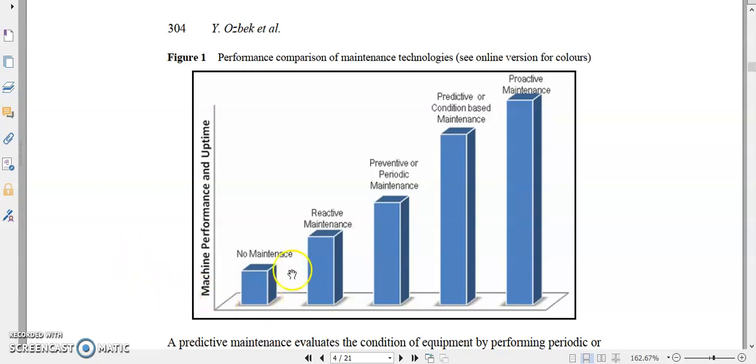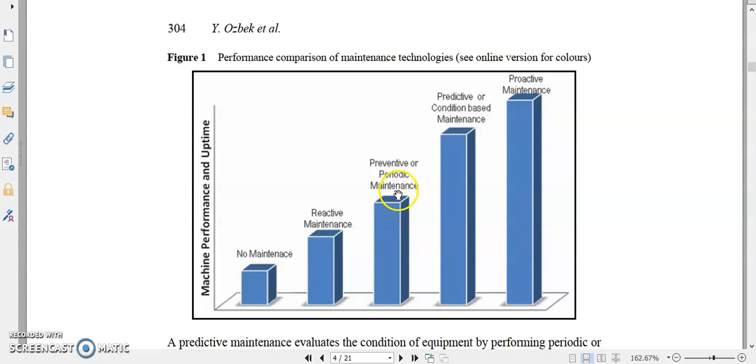Previously they used certain other concepts, and this is the summary of the maintenance approaches or maintenance technology. The first one is no maintenance. So this is totally bad. And then some of the factories use reactive maintenance, where they only repair machines that have broken down, which is not really good because it affects the uptime efficiency.